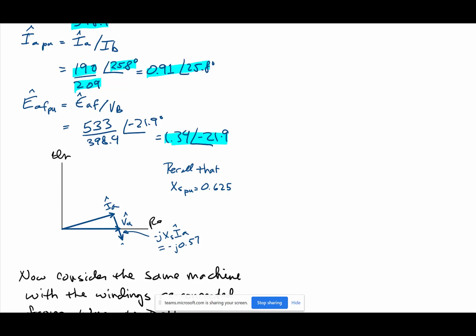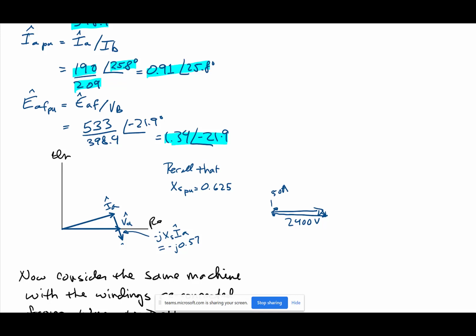You'd have this little goofy thing. You're going to say, okay, let's find the E right here, and you'd have to have a microscope to see what you're doing. This is why you go to per unit.